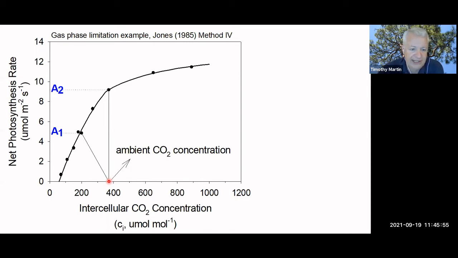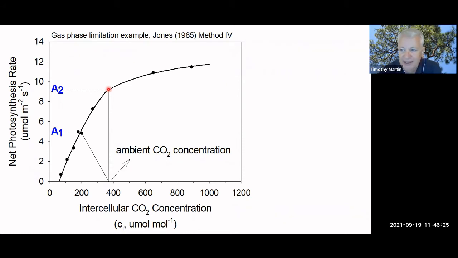But we're going to imagine a situation where the epidermis of the leaf is gone and the cell wall, the chloroplasts, the mesophyll cells are exposed to a CO2 concentration equivalent to ambient CO2 concentration.